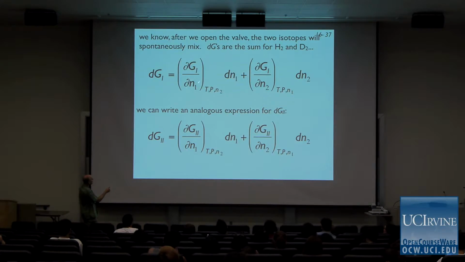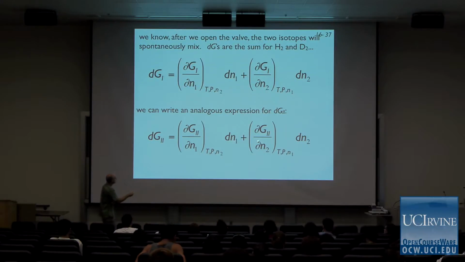Well, as N1 flows out and N2 flows in, there's going to be the rate of change per unit of change in the number of moles of N1 multiplied by the number of moles of N1 that flows in. And then there's the rate of change of the Gibbs energy with the number of moles of N2 multiplied by the total number of moles of N2 that flows in or out.